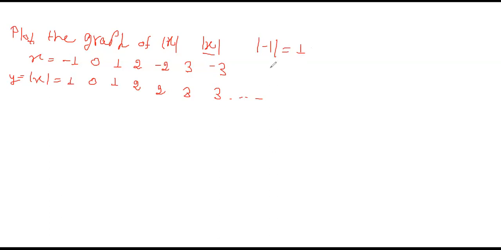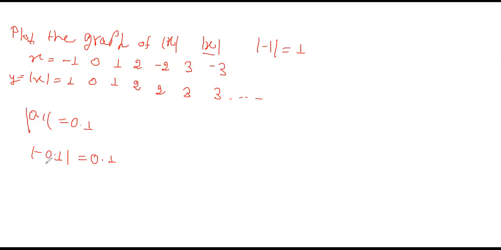Can it be a decimal inside? Yes, decimal can be also. If you want to take 0.1, it will be 0.1. If you want to take minus 0.1, it will be also 0.1. It is not necessary for integer. What if it's a square root?